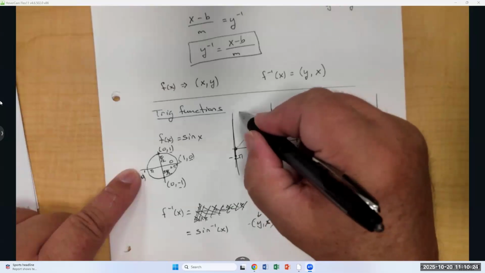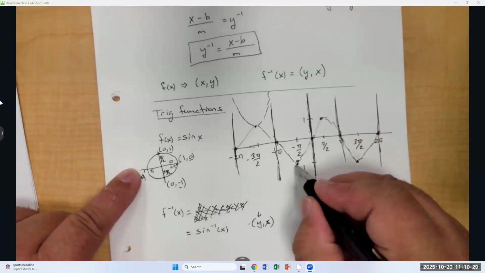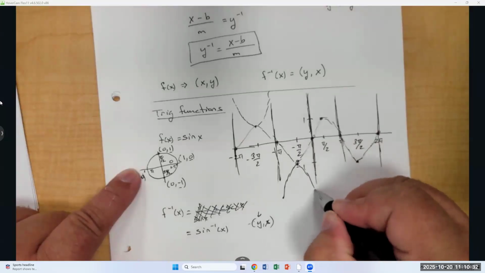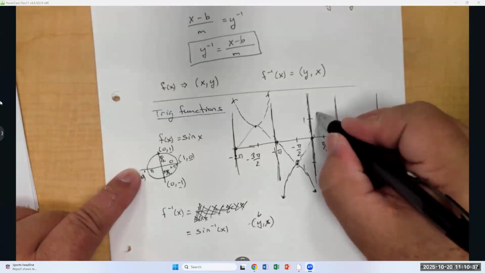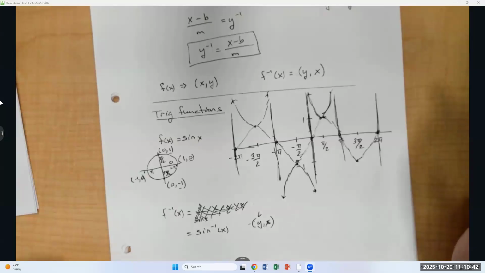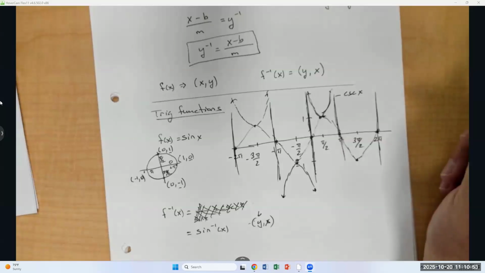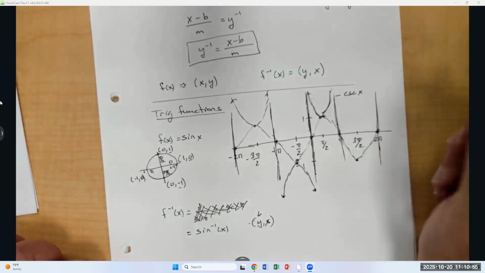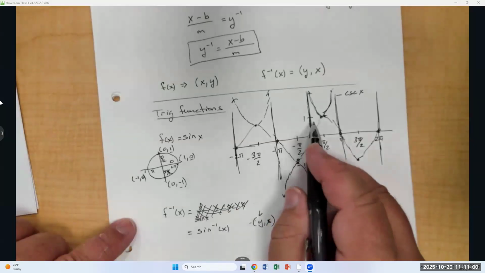So here's the inverse function. Start with the vertex. If it's below the x-axis, you go down. If the vertex is above the x-axis, from that point, you go up. And that's the cosecant function. I'm trying to get myself mixed up again. So this is the inverse. This is the reciprocal.